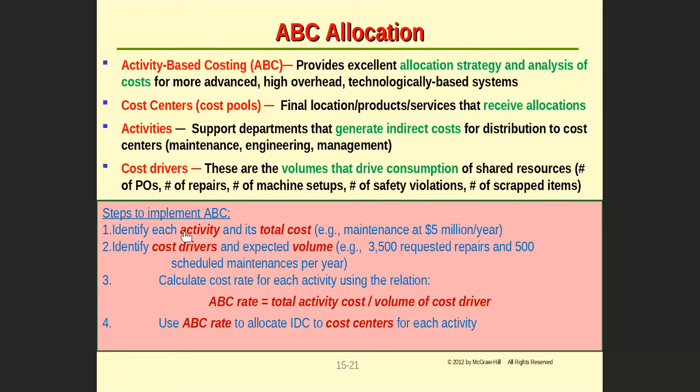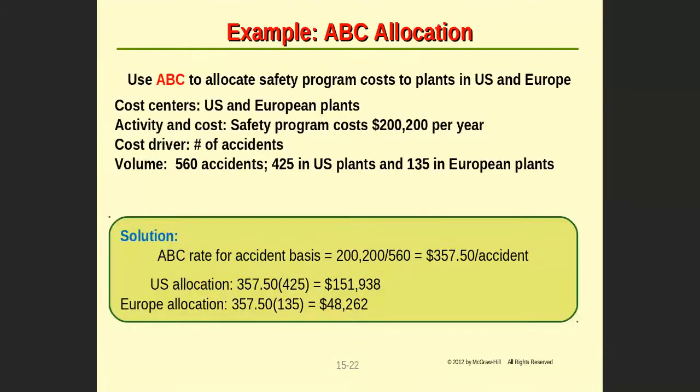Identify each activity in the total cost, so you can have different activities in the total cost, and identify the cost drivers for the activity. And after that, you apply the formula, which is basically the total activity cost divided by the volume of the cost driver. It is a very basic formula.